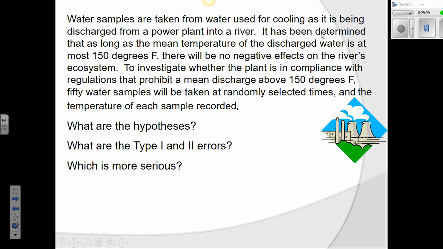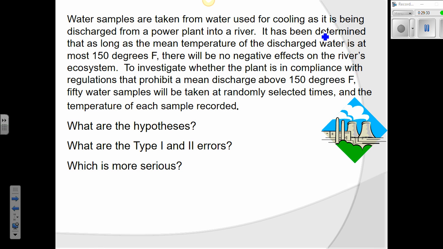Water samples are taken from water used for cooling as it is being discharged from a power plant into a river. It has been determined that as long as the mean temperature of the discharged water is at most 150 degrees Fahrenheit, there will be no negative effects.